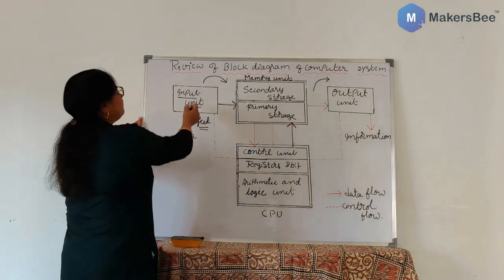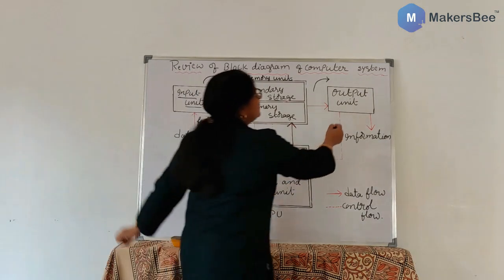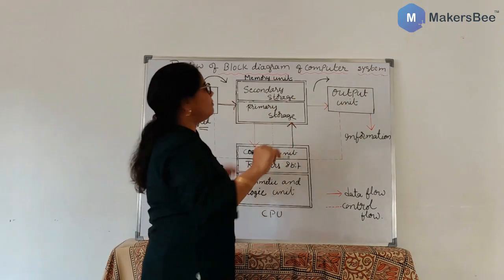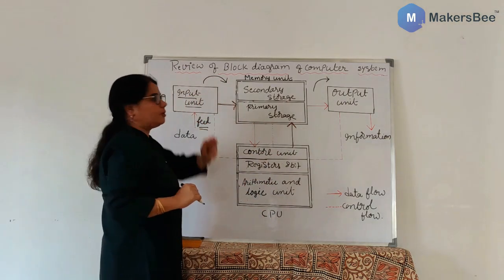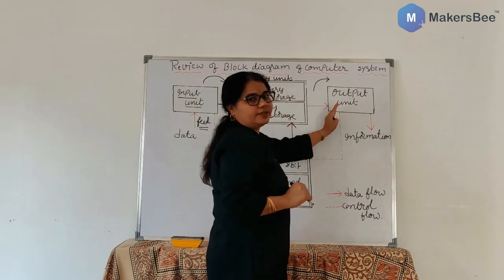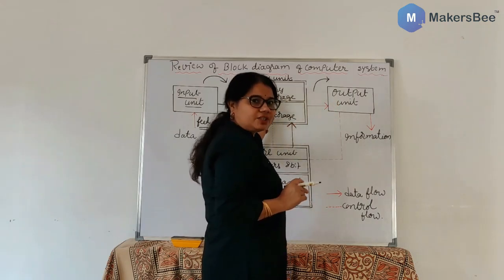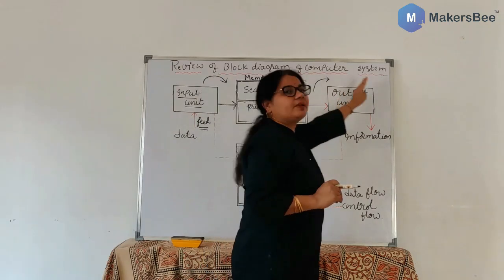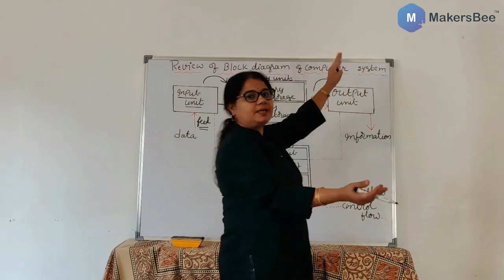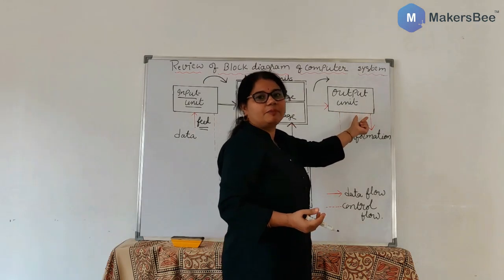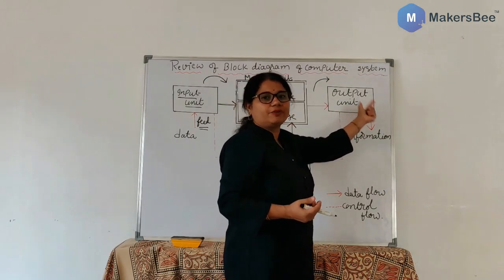In the sense, the reverse of the input unit is the output unit. So the input unit converts the human readable form to machine understandable form, and the output unit converts the machine understandable format to the English format, or the human readable format, and it is displayed or printed on output devices.